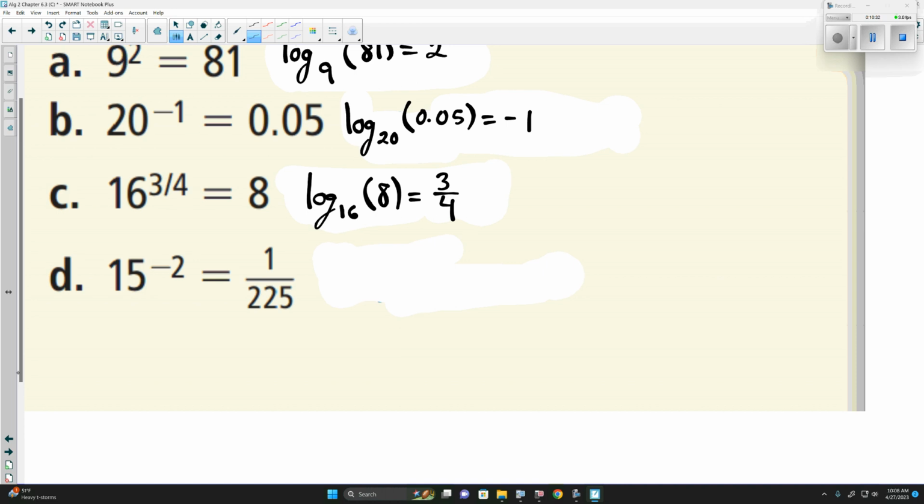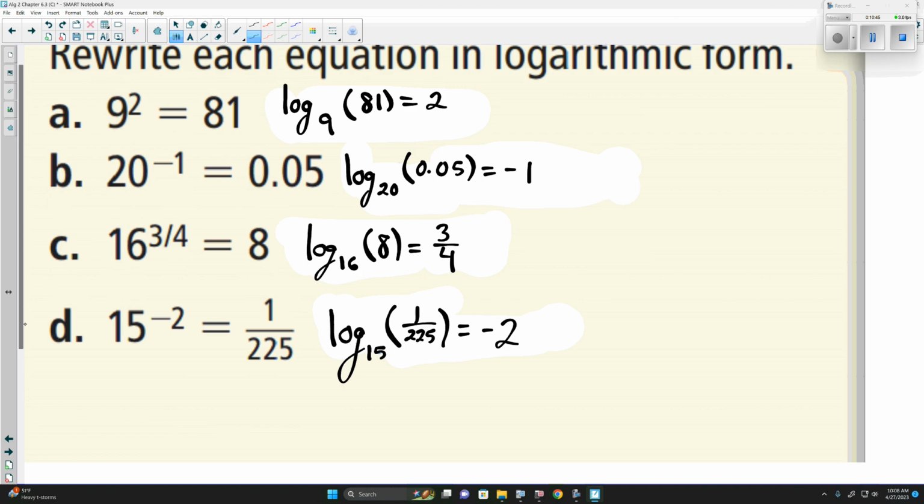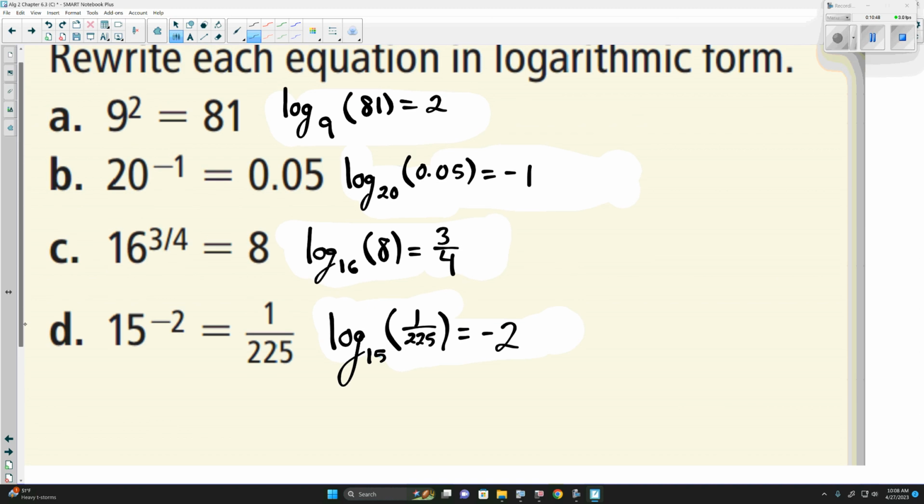And the last one, log base something of 5. Questions on any of these here?